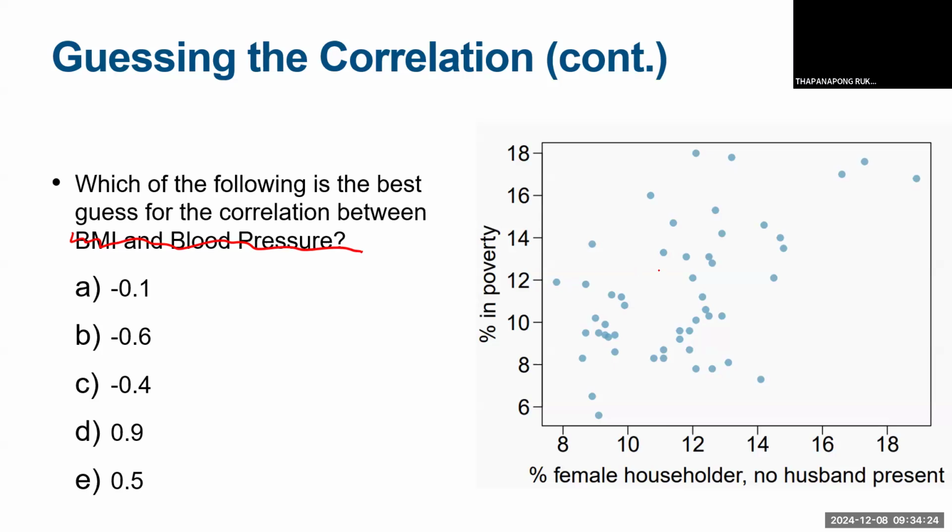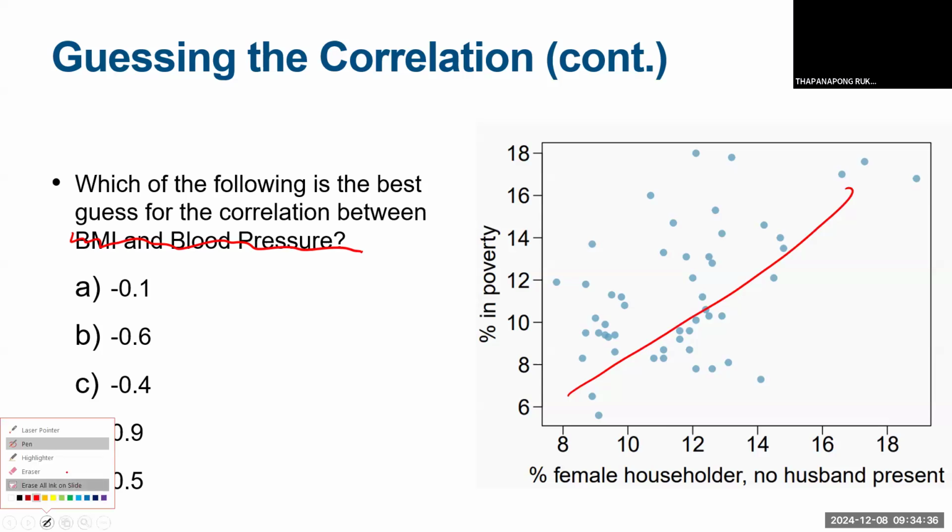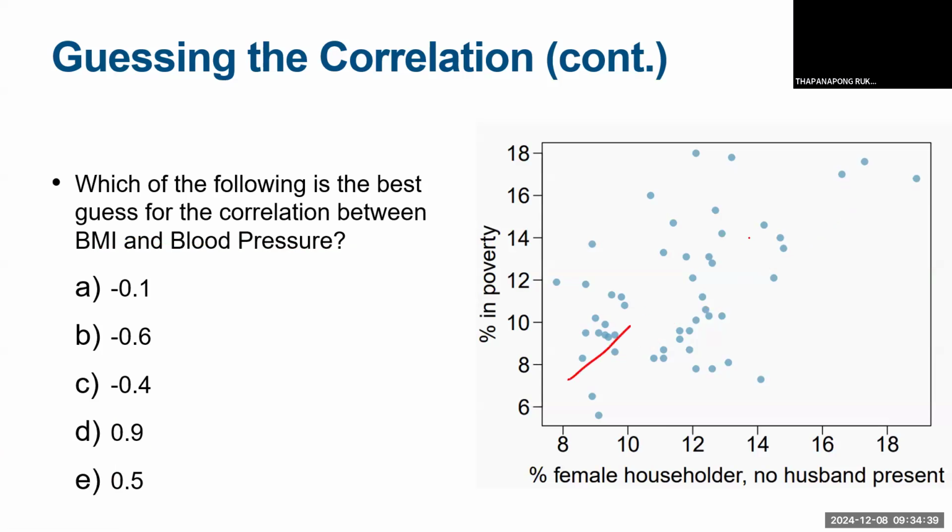It's going to be positive or negative. If you want to draw a line, you would draw something like this, something like this. Positive.